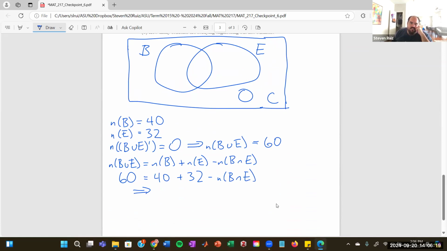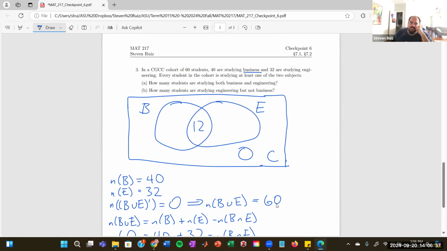That's negative 12. If negative 12 equals negative the cardinality of the intersection, then the intersection has 12. So I know who's taking both business and engineering.